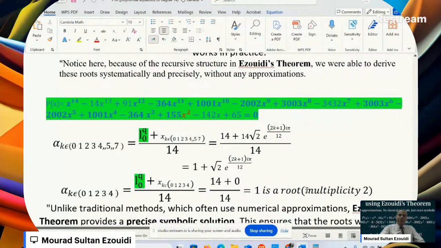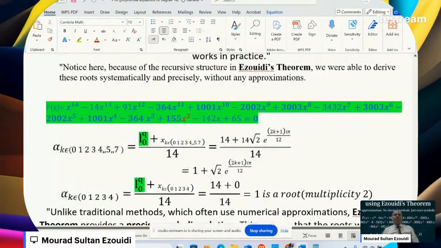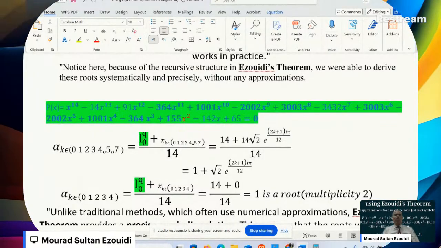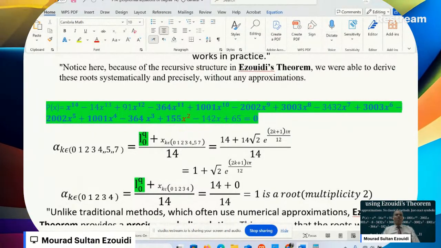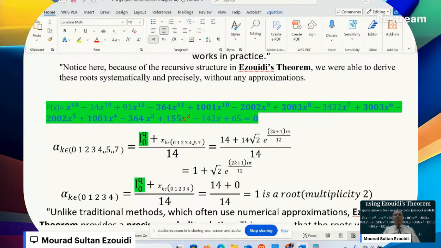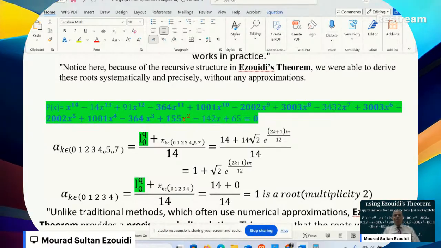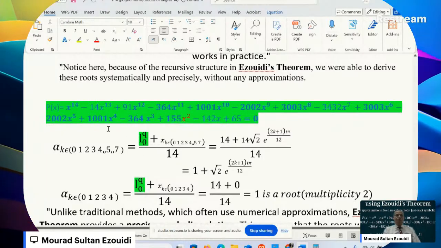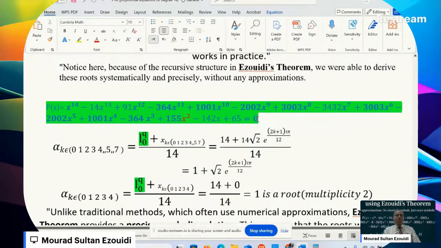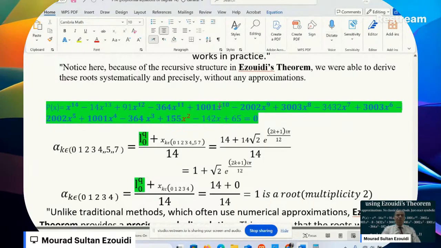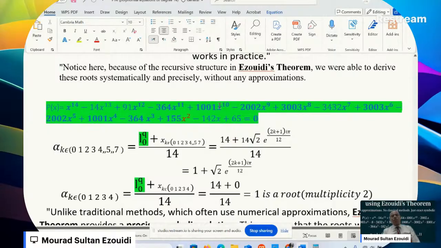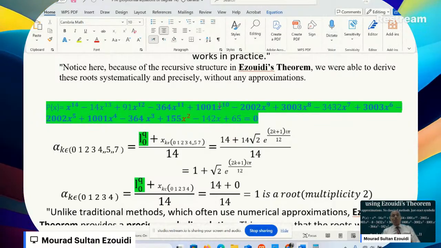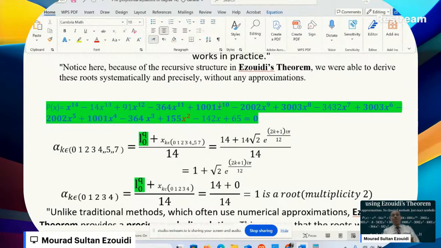I shared this one. Note here that because of the recursive structure in Ezouidi theorem, we were able to derive the roots systematically and precisely without any approximation. So here is the polynomial to the power 14. We obtained before xk equals 14th root of 2 exponential 2i k pi divided by 12.